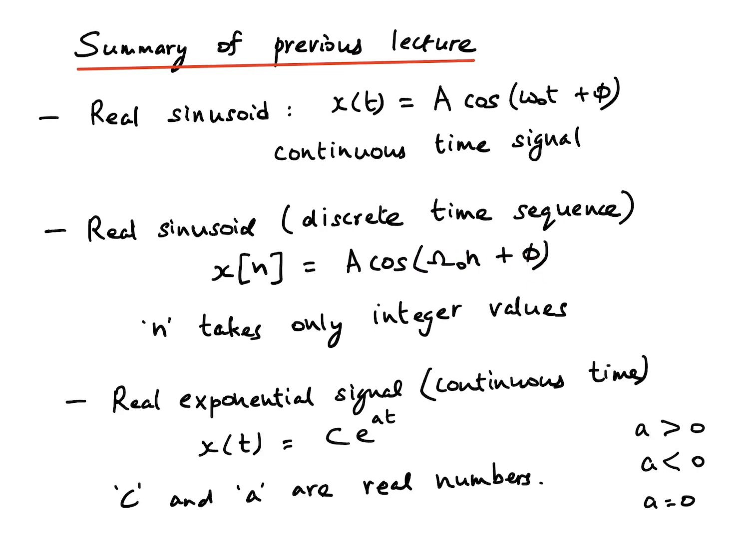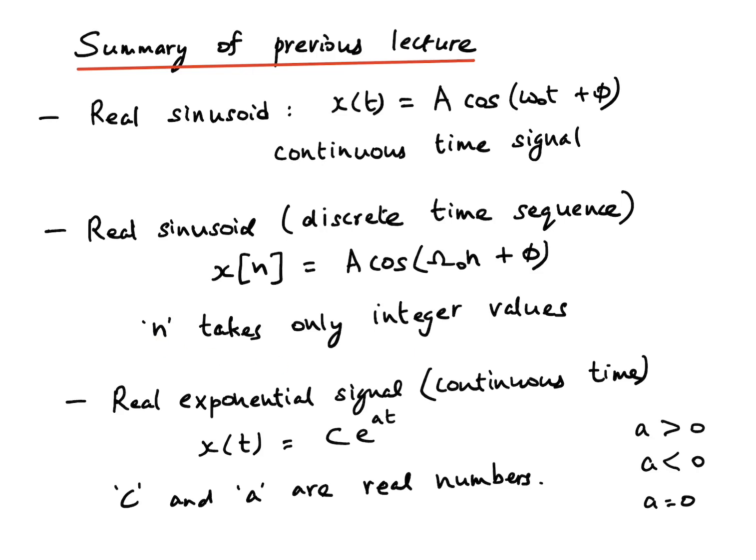Now the distinction is that in continuous time signals, the function x of t is defined for all values of time, whereas for the discrete case, the function x of n is only defined for integer values of n. That means n can take only integer values. We cannot have x of 1.1 or x of 1.8 or x of 2.3. It has to be only integer numbers.